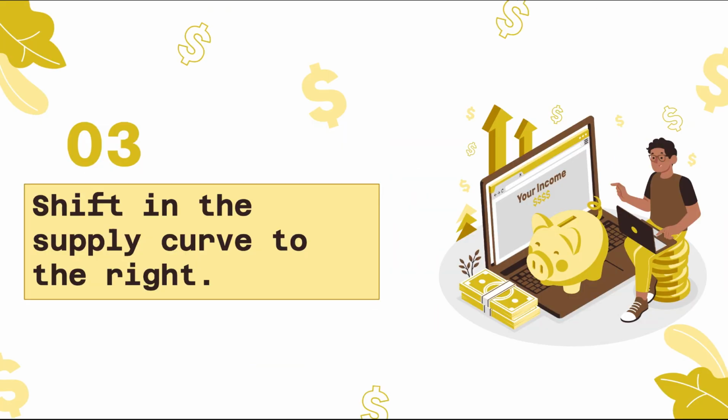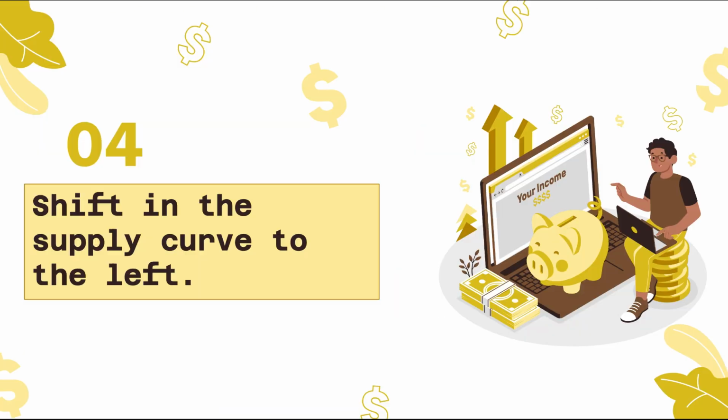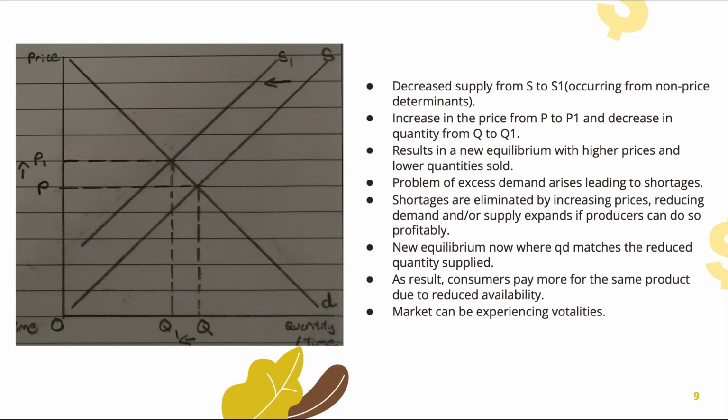My apologies guys, I did not move to the diagram. So now let me show this again. The supply is shifting from S to S1. Because there's a shift, as you can clearly see, the quantity demanded has reduced, and the price is increasing because demand is greater than supply.